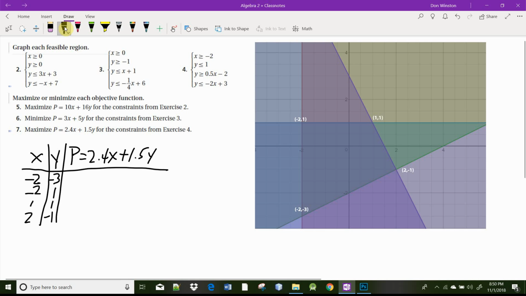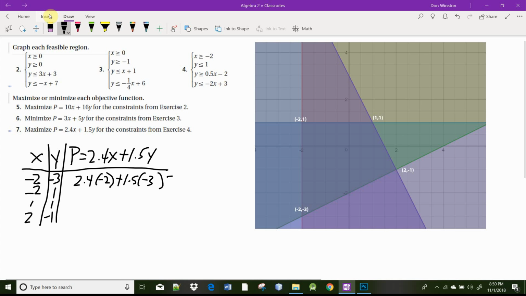So let's substitute in. So we have 2.4 times -2 plus 1.5 times -3. And let's see here what we get. So 2.4 times -2 plus 1.5 times -3, that will give me -9.3.